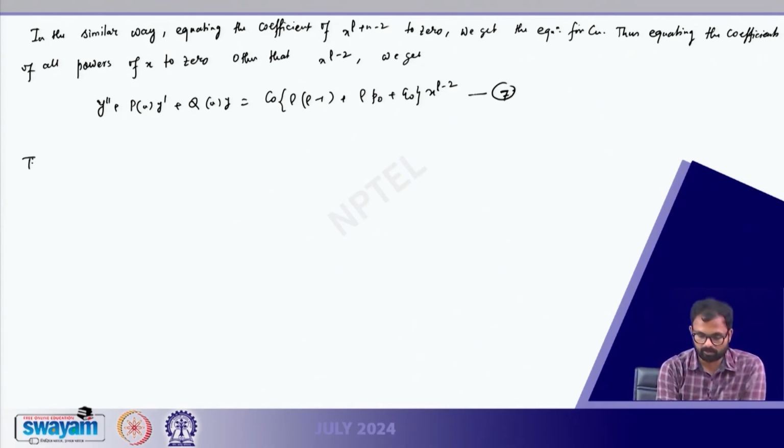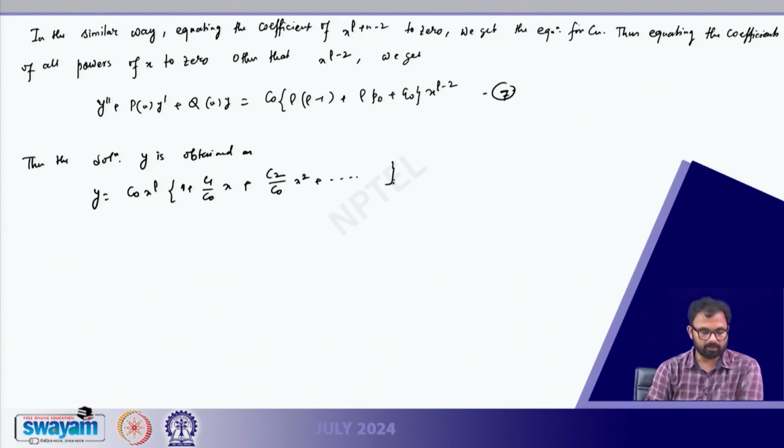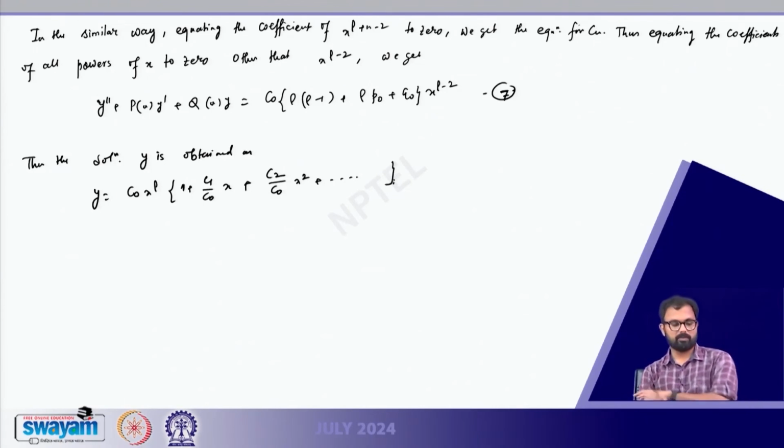Thus the solution y is obtained as y equals C0 x to the power rho times 1 plus C1 by C0 x plus C2 by C0 x square plus dot dot and so on, Cn by C0 x to the power n and so on.